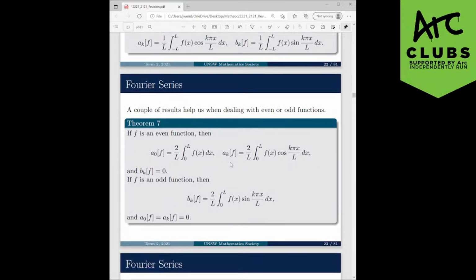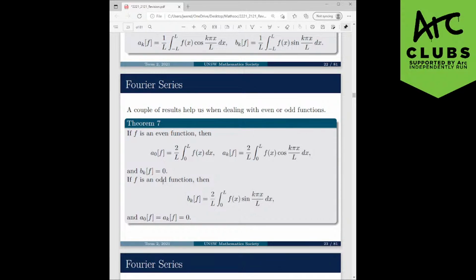Same thing for if f is odd. It's the same reasoning. A0f and AKF both become 0 just because an odd function times an even function gives you back that odd function. Your BKF stays hanging around and just doubles a bit and goes from 0 to L because odd times the odd function gives you back that even function. So that's the f of x times the sine. It just goes back to being the even function.